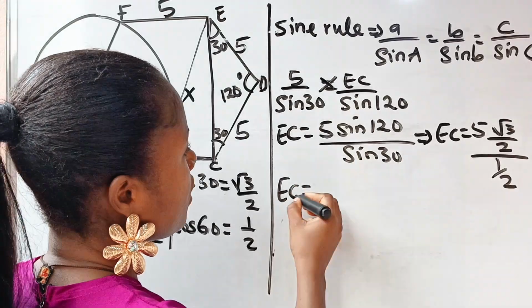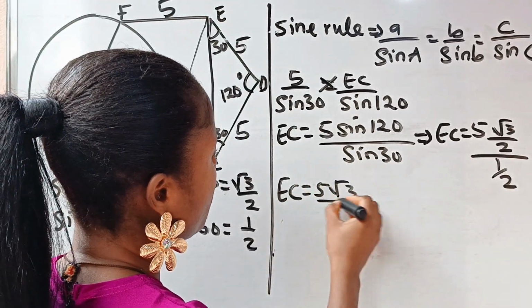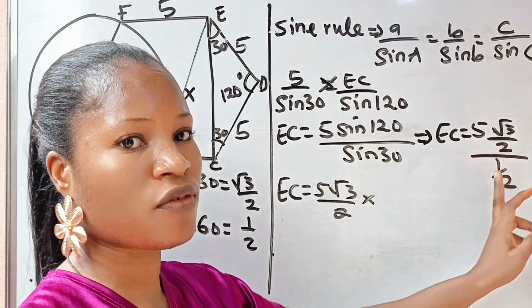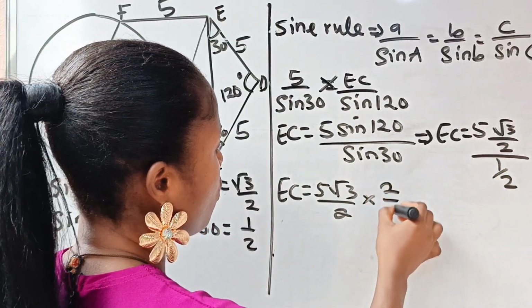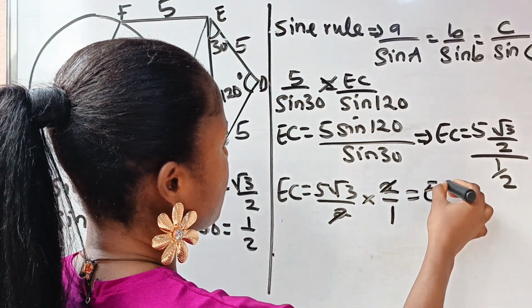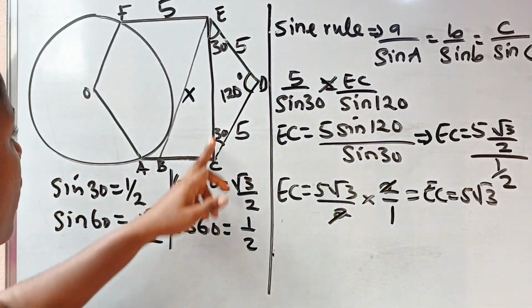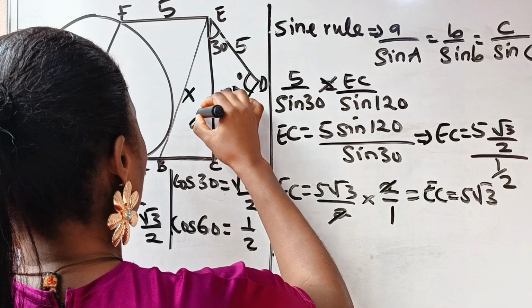So EC is 5 root 3 over 2 times, taking the inverse of half, 2 over 1. So EC is 5 root 3.